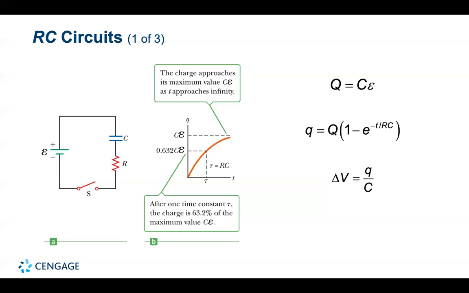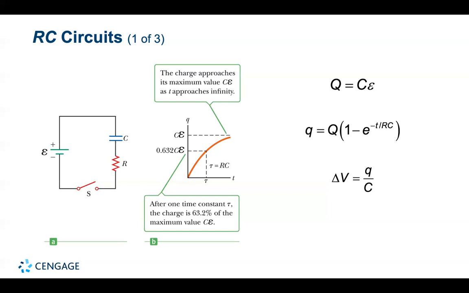If we assume the capacitor is uncharged before the switch is closed, and if the switch is closed at t equals 0, the charge on the capacitor varies with time according to the equation shown here, where e is Euler's constant, the base of the natural logarithm.